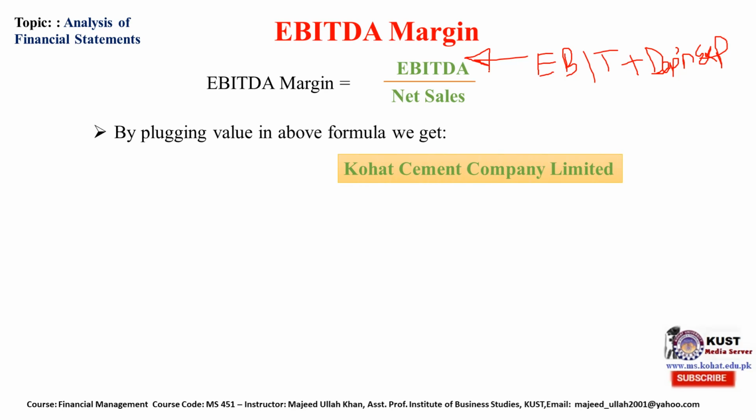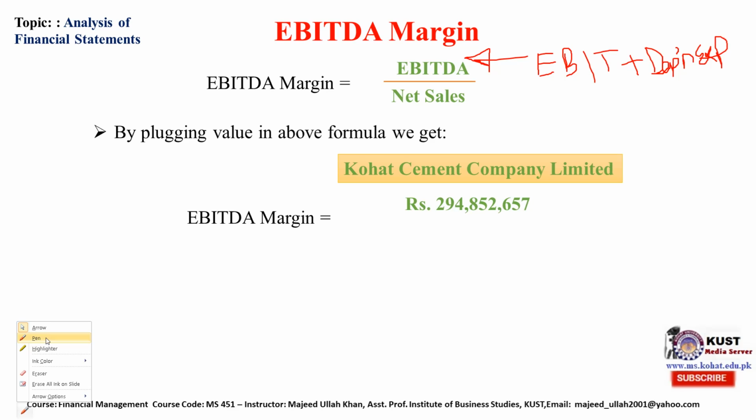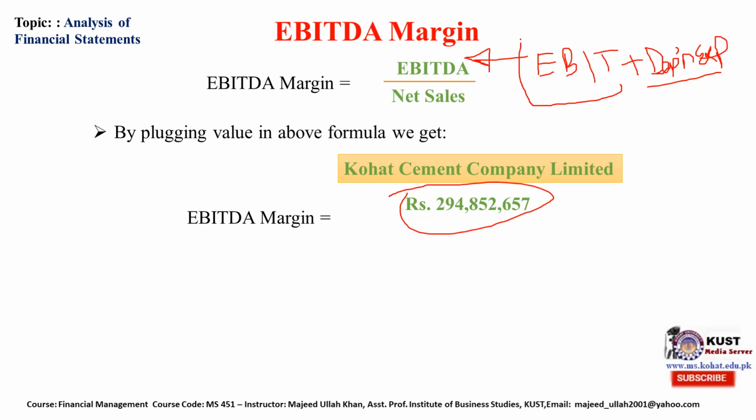Divided by net sales. So earning before interest, taxes, depreciation and amortization margin is equal to this figure, which is calculated by adding depreciation expenses to earning before taxes divided by net sales. Net sale is available in the balance sheet of KCCL for year 2010.